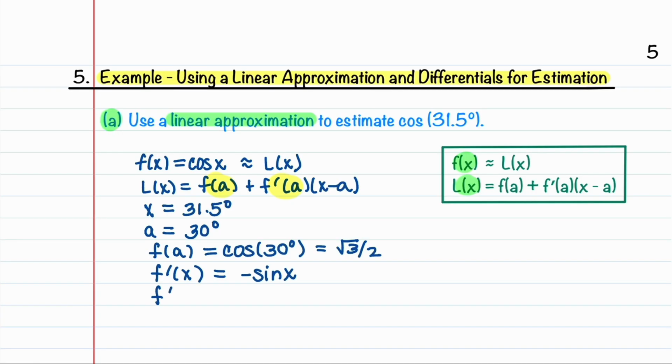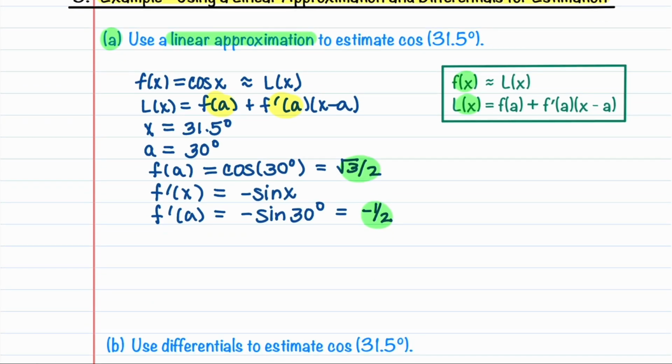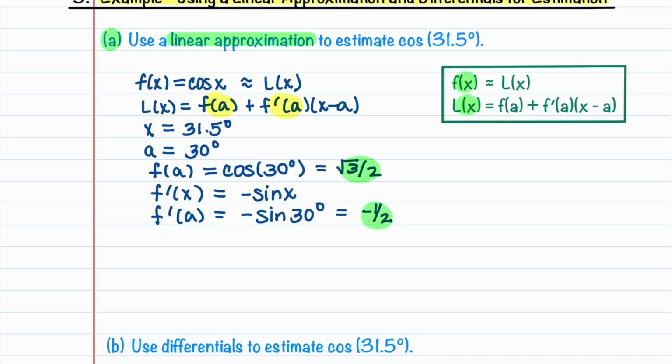And then we can find f prime at a is minus sine of 30 degrees. And this is minus 1/2. I'm going to highlight f of a and f prime of a because we're going to need to plug those in. We can now write down L of x. So L of x is f of a, which is root 3 over 2, plus f prime of a, which is minus 1/2, and we multiply that by x minus 30 degrees.